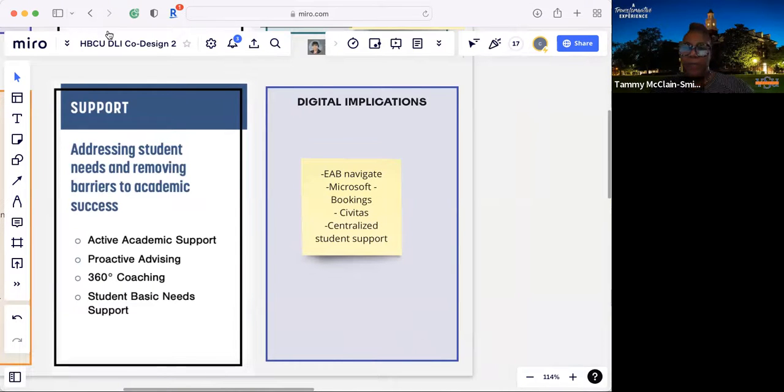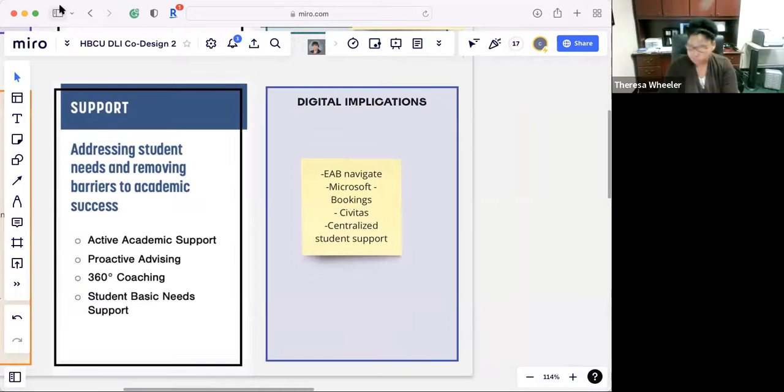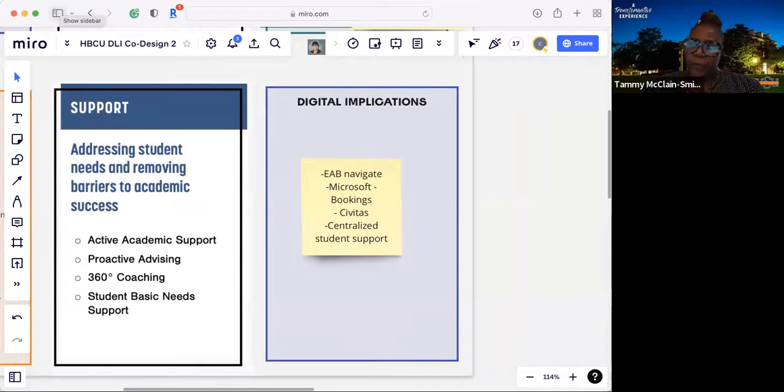So we had a really good conversation in our group. It was really refreshing to see what the other universities were doing, along with some of the things that we had in common. One of the things some of us had in common was the use of EAB Navigate, or a different version of EAB, to support students, to communicate with them, and to use as part of the early alert system.